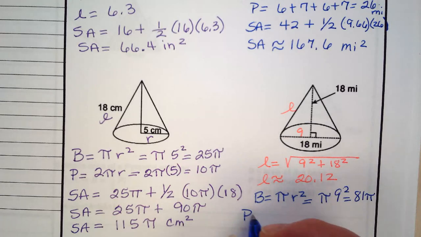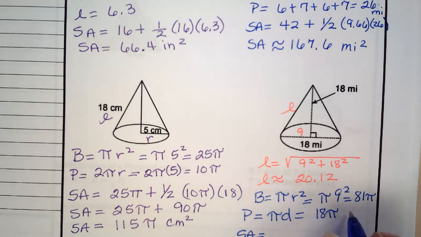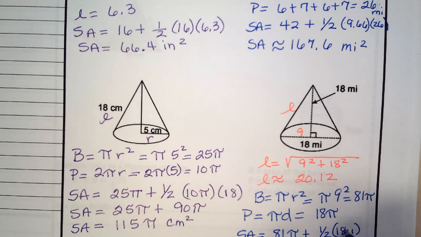My perimeter is pi d, which is 18 pi. Putting it all together, 81 pi plus 1/2 of 18 pi times 20.12.